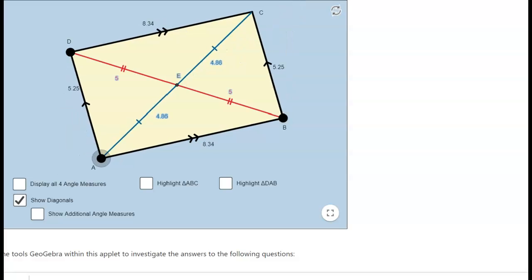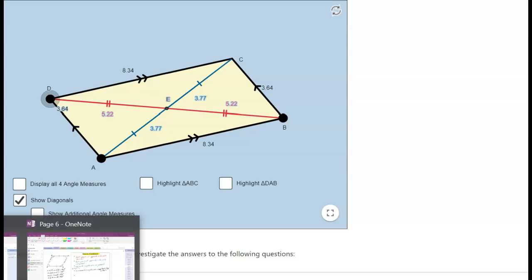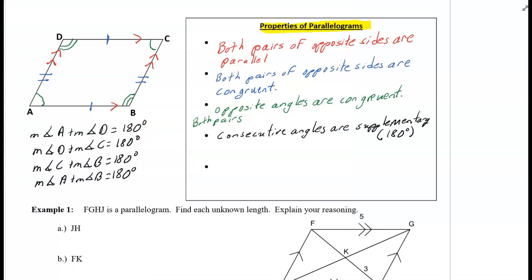Notice that E is the midpoint of both diagonals. So no matter what happens, E is always going to be the midpoint. The way we say that in geometry is we say the diagonals bisect each other.